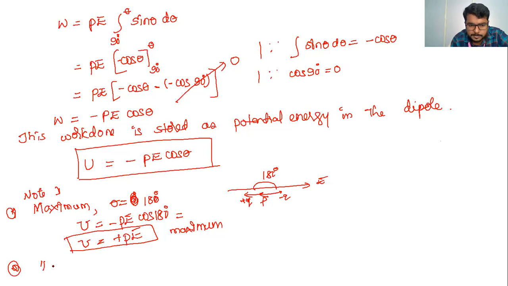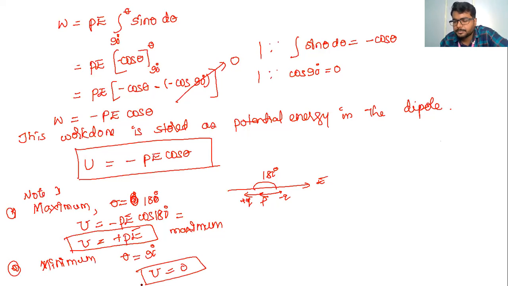Now, when is it minimum? We studied that case. At theta equal to 90 degree, U is equal to 0. Understood? U is equal to 0.